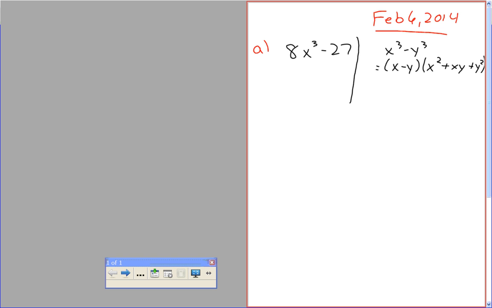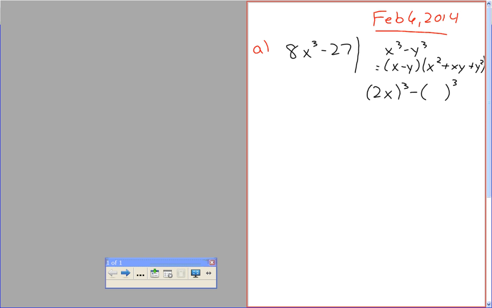Lovely. So this is why we did all this stuff yesterday. Okay, Patrick, what's the x going to be in this case, and what's the y going to be? We want something cubed to be 8x cubed, so it's going to be 2x.